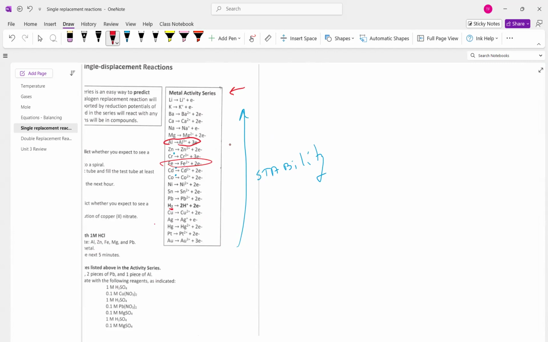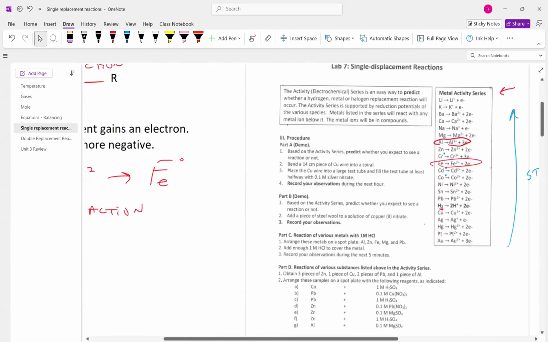Is it the aluminum or iron? Aluminum. So where is aluminum in relation to the iron? Is it above or below? Above, so that works. Metal is above, the reaction goes. So this will be a viable reaction.